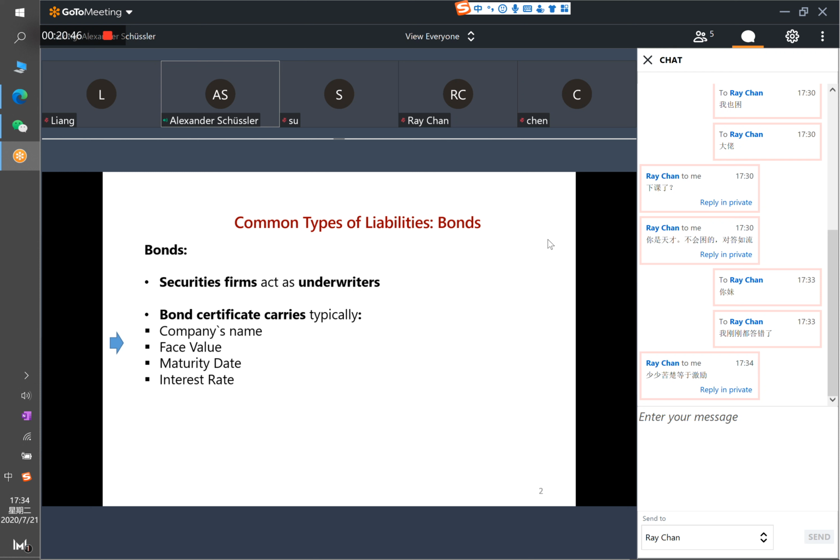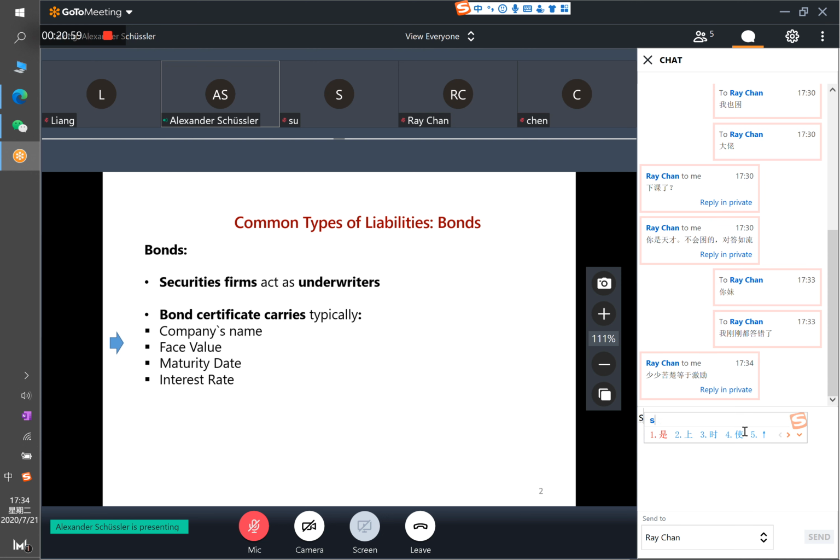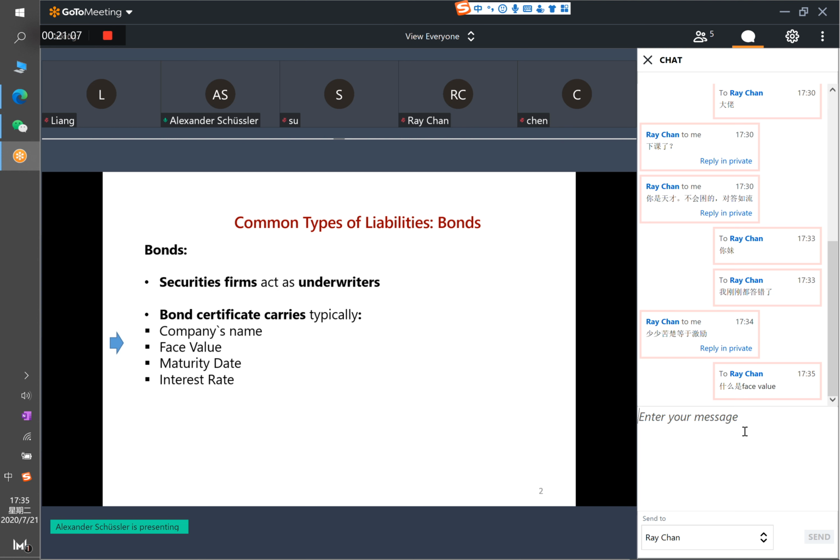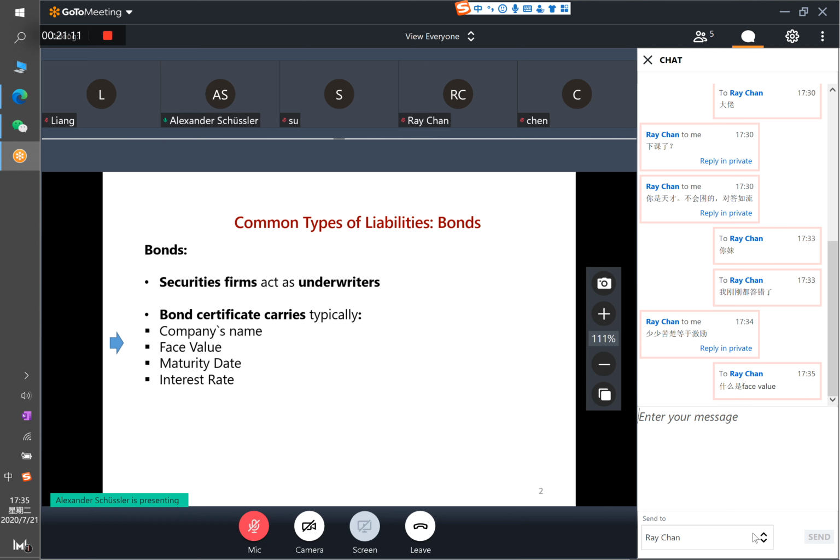Then the face value. Do you know what the face value means? What is the face value of a bond? Any idea? What is the face value of a bond?